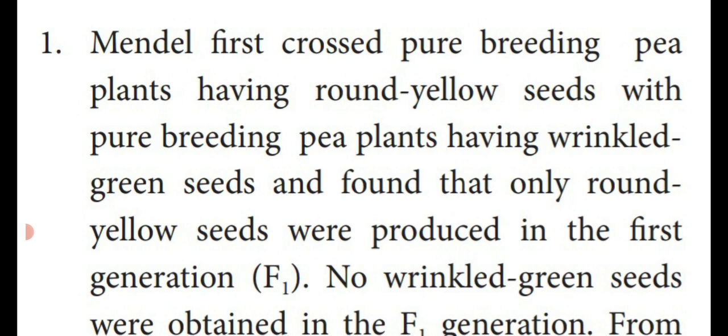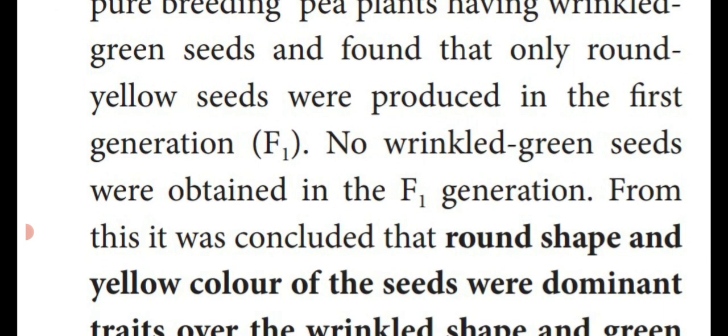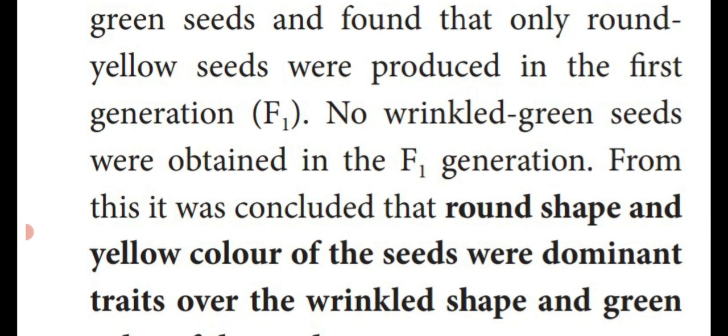The F1 round yellow seeds are self-crossed. That means they are crossed with another round yellow seeds. In the F2 generation, it produced different gametes.